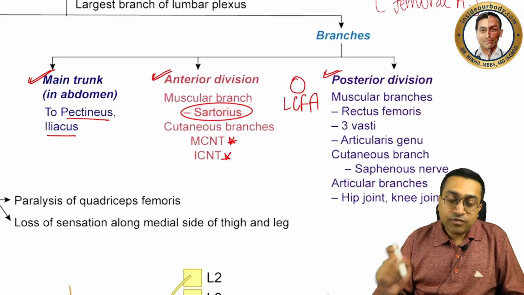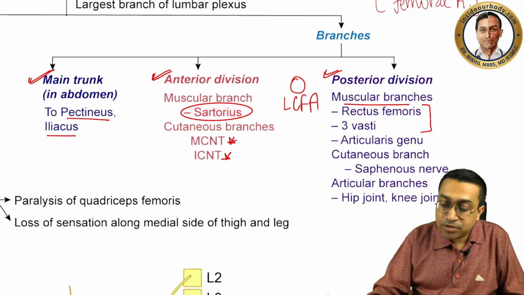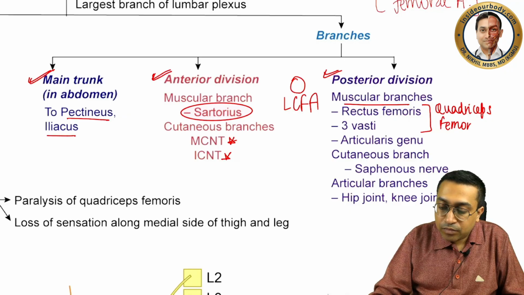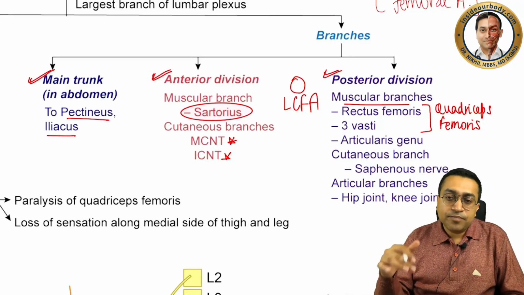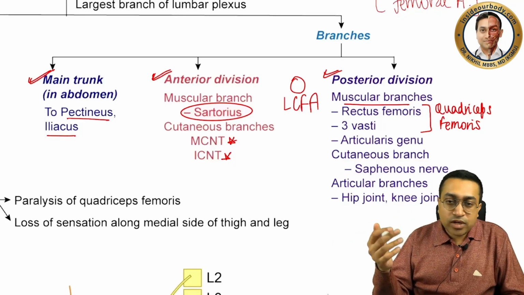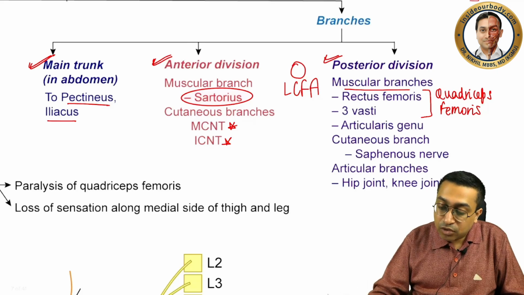And then we have the posterior branches. Posterior branches are very important again. Posterior branches are the muscular branches to the rectus femoris and three vasti, that means the quadriceps femoris. So the posterior division goes to the posteriorly present muscles. And then you have articularis genu also, another muscle you may or may not remember. A very important nerve which is the continuation or the cutaneous branch, that is the saphenous nerve.